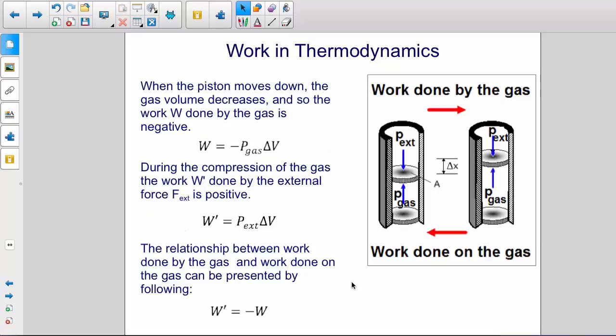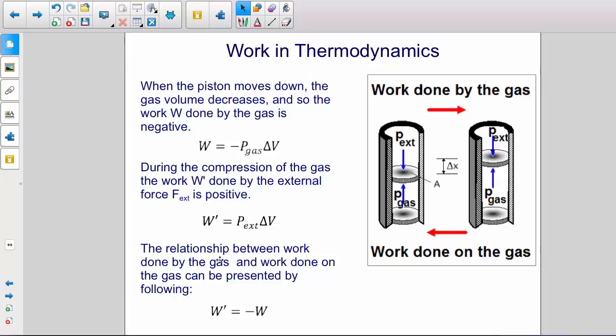When the piston moves down, the gas volume decreases, so the work done by the gas is negative. So we write work done by the gas here is negative P gas times delta V. During the compression of the gas, the work W prime done by the external force is positive. So we write W prime equals the external pressure times the change in volume.